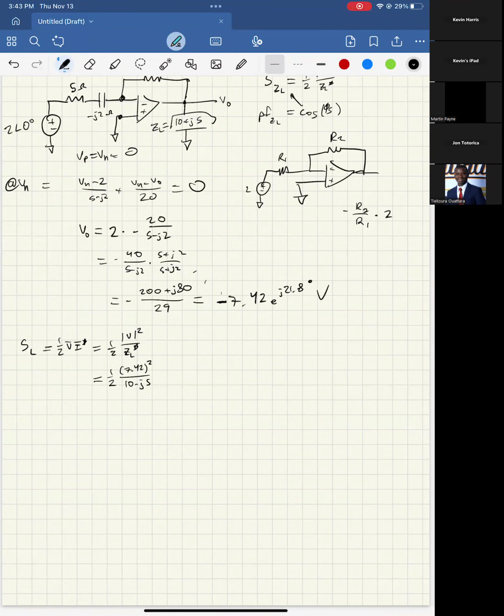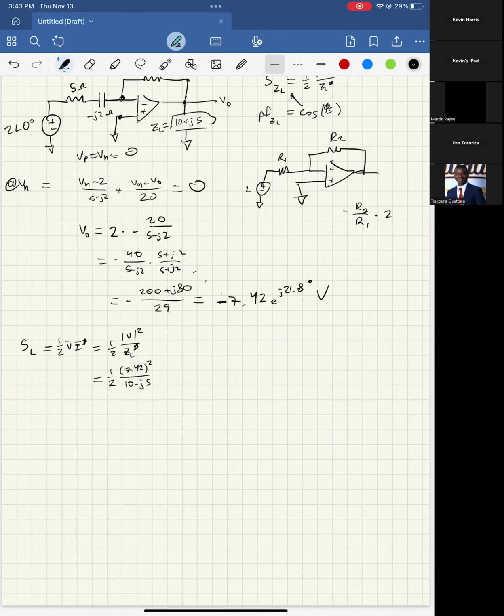If we plug this into our calculator or do the complex math, depending on what mood you're in, we got 0.5 times 7.42 squared over 10 minus j5.